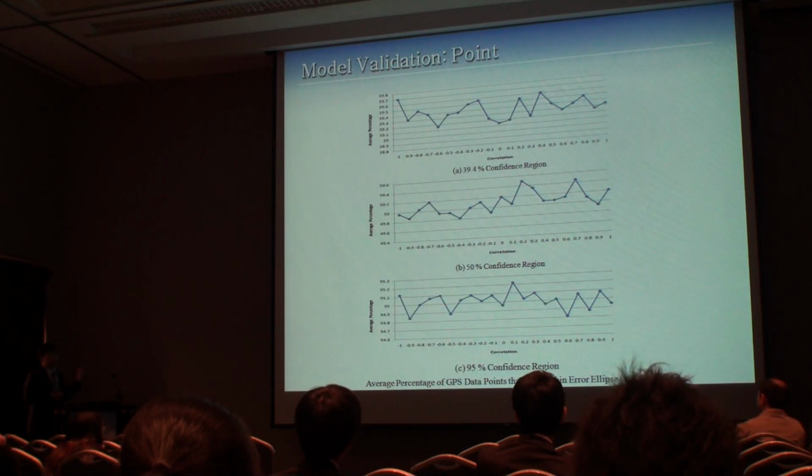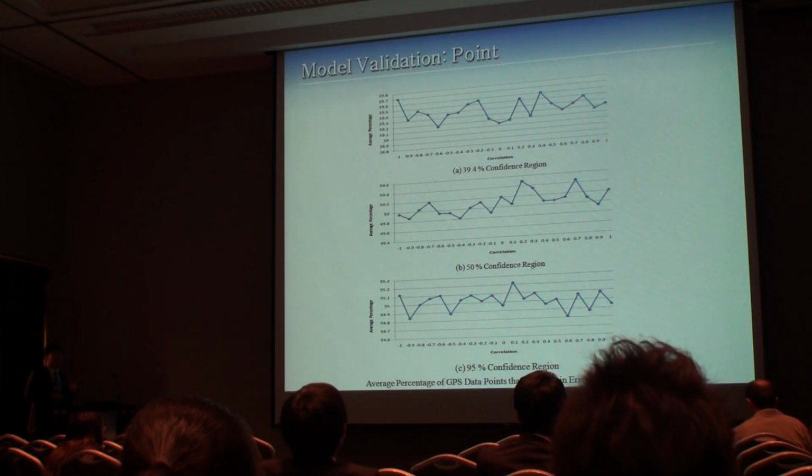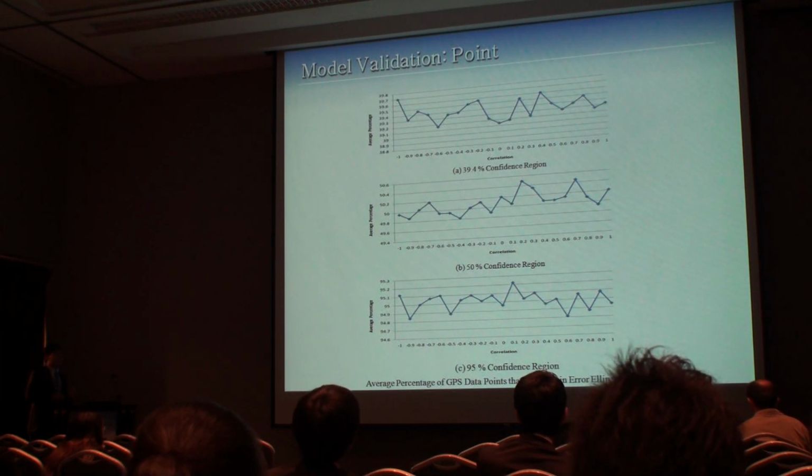Although all of those graphs fluctuate in random patterns, the difference between the average percentage and the corresponding confidence regions is within 0.5%. This simulation result indicates that the stochastic simulation model realized the intended nature of positional errors in the point data.